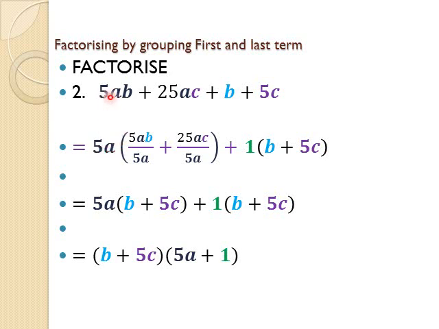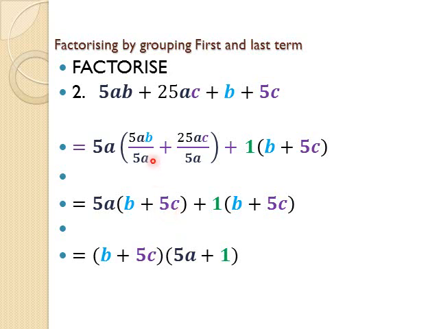This is what I'm doing: 5ab divided by 5a plus 25ac divided by 5a. There, I simply leave it as b plus c. No common factor. I wrote the 1 just to show you. So if I divide there, 5a and 5a cancel, I'm left with b. 25 divided by 5 gives me 5, and a cancels, so I'm left with c.